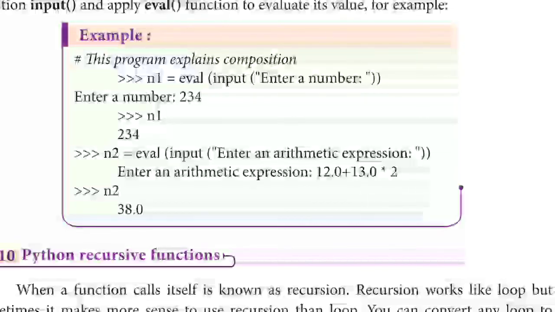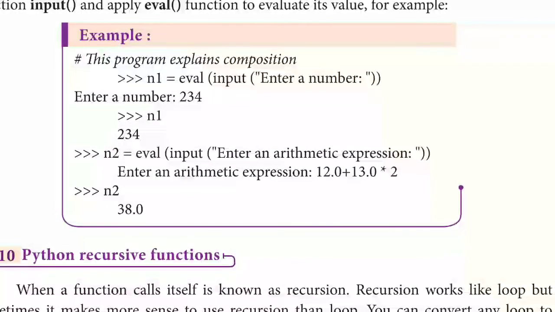n1 = eval(input("Enter some number")). Here you can see that the user enters one number and it is stored in n1, and n1 is printing the value as 234. n2 = eval(input("Enter an arithmetic expression")).